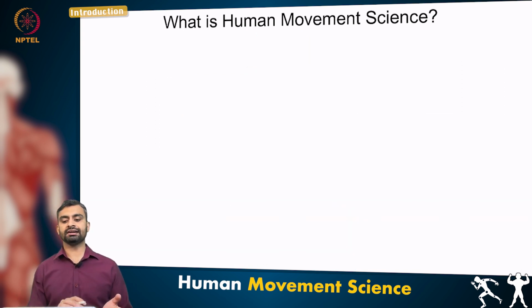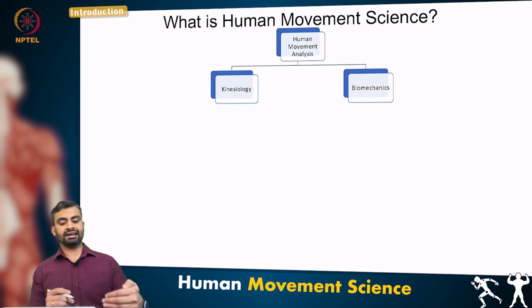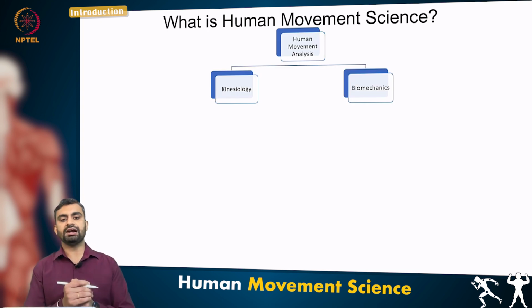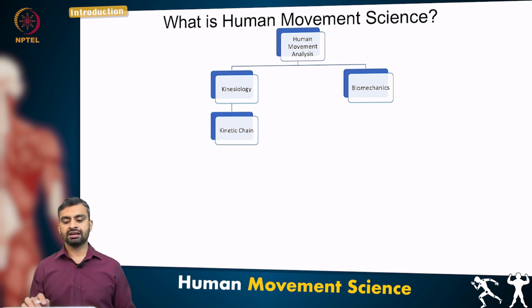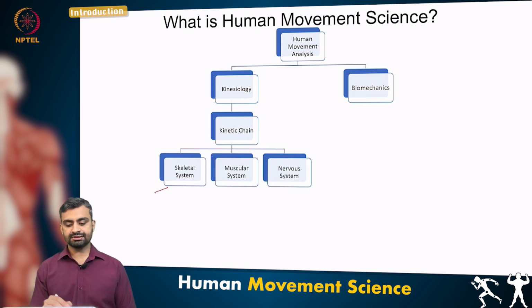So let us look at it in another way. Over here we can see the human movement can be further classified into kinesiology and biomechanics, where kinesiology mostly looks at the kinetic chain. Here we look at the skeletal system, the muscular system and the nervous system.